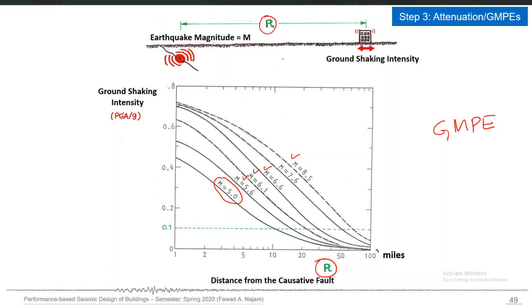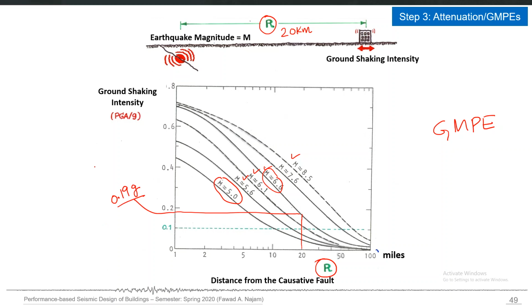So you can say that, for example, if R is 20 kilometers, an earthquake having a magnitude equal to maybe 6.6 will be able to produce a PGA of 0.19 g at my site.